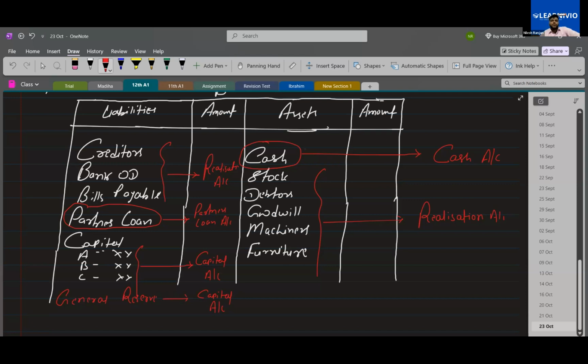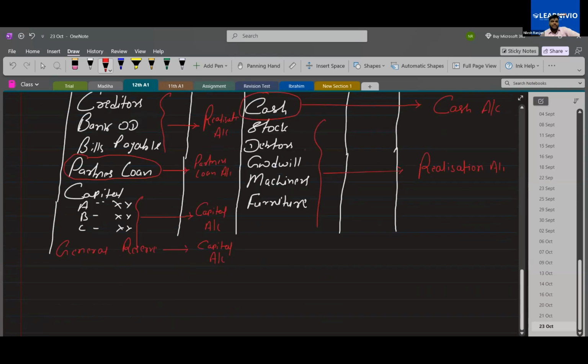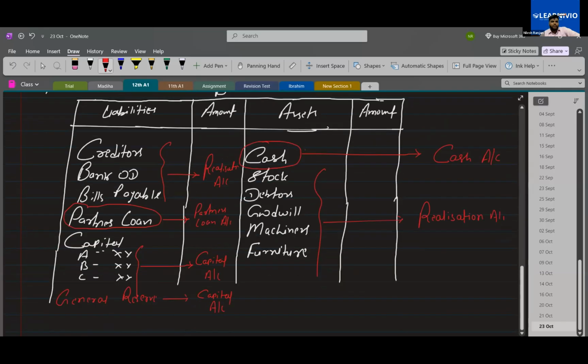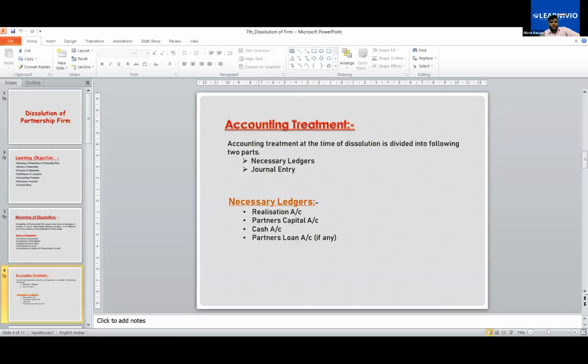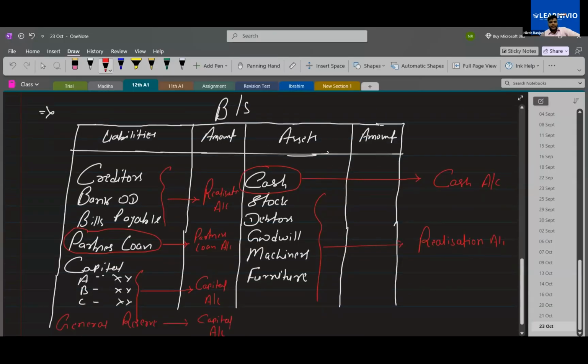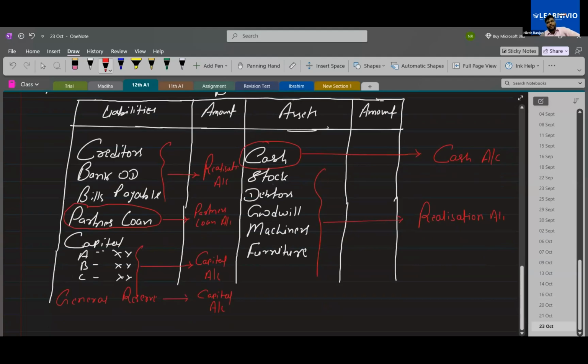So these are the account names we were talking about: realization, partners capital, cash account, partners loan account. So we have to prepare these 4, and why will these 4 be created? To write these items. Then we will close the accounts one by one.